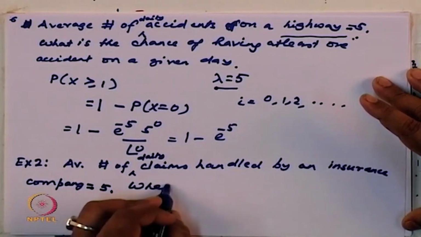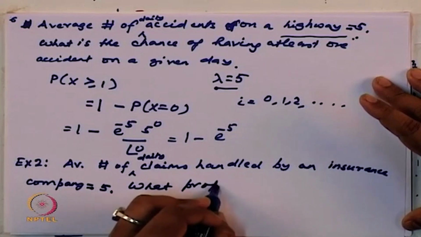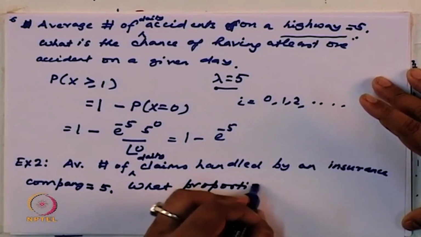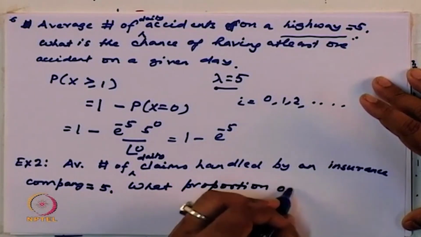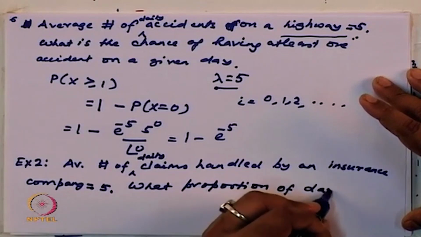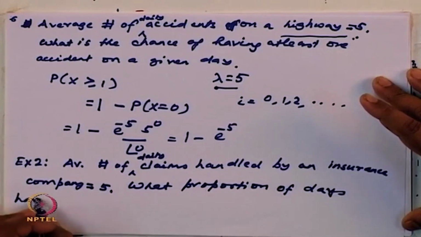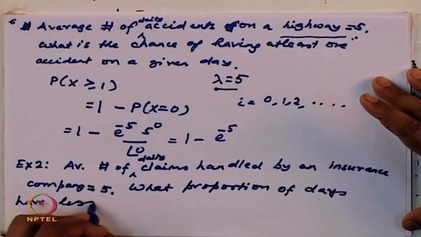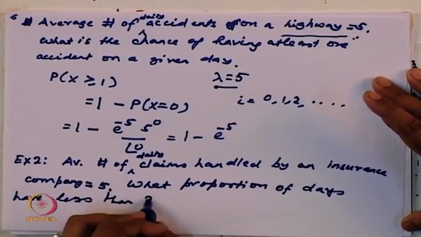So what proportion of days have less than 3 claims?